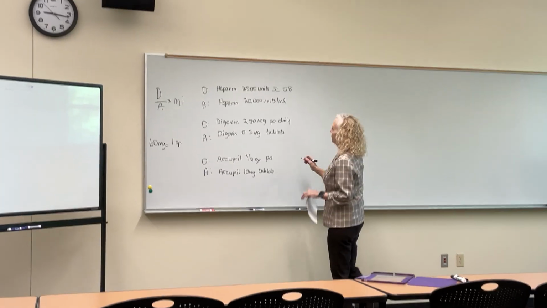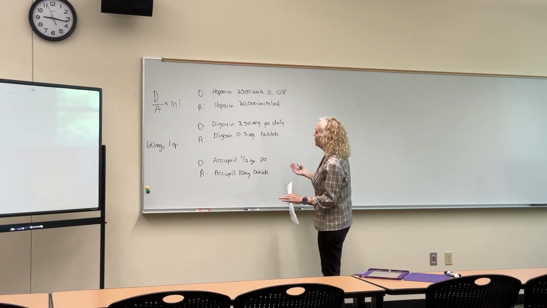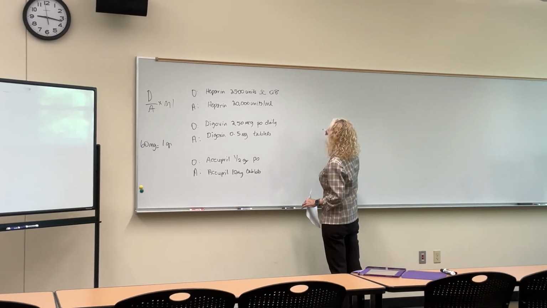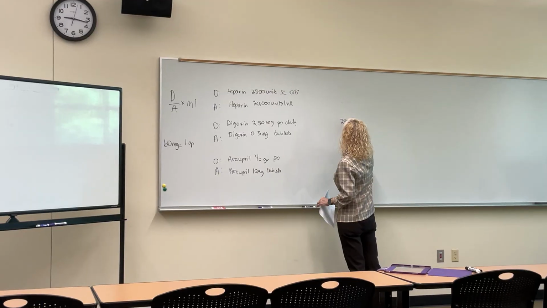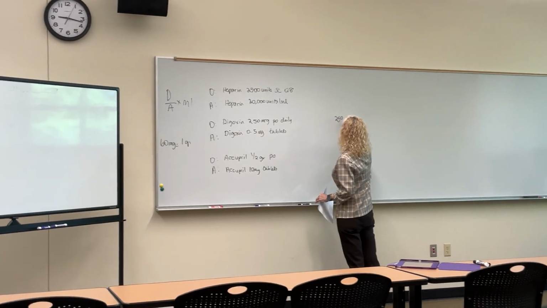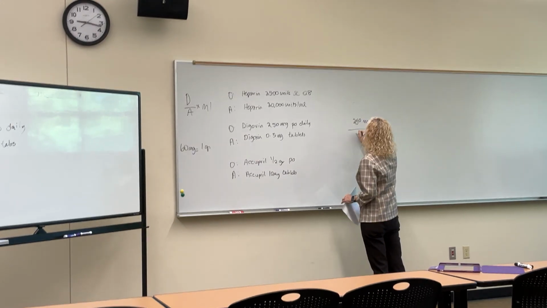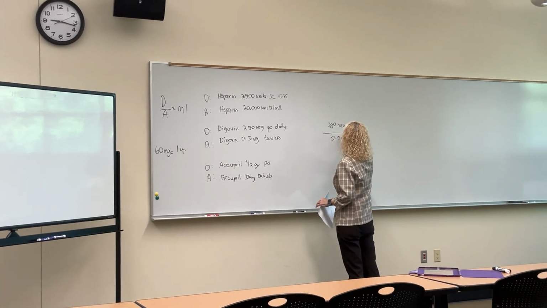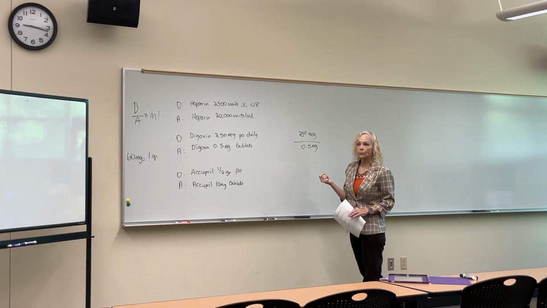We have a conversion. It's a metric conversion, and I'm gonna show you a shortcut with that. So we have digoxin, and what the order is 250 micrograms over the dose of 0.5 milligrams. I personally like working in milligrams because the numbers are smaller.